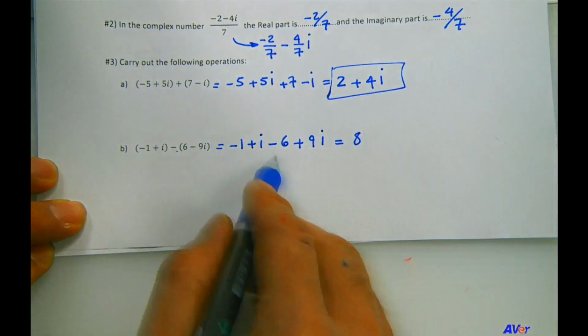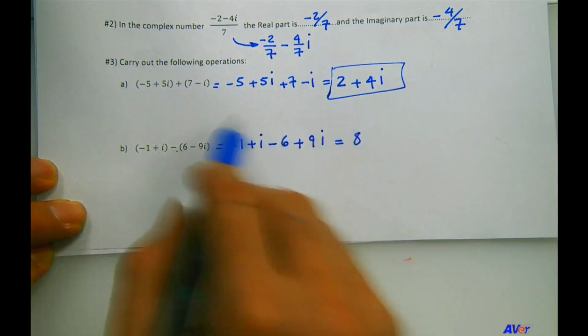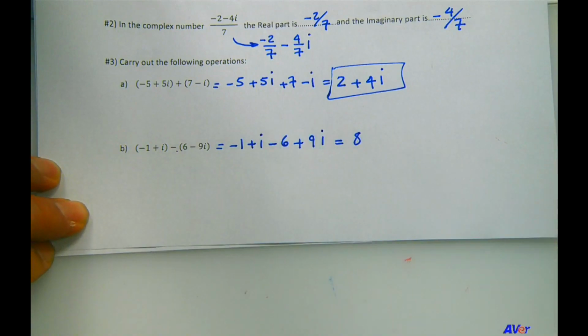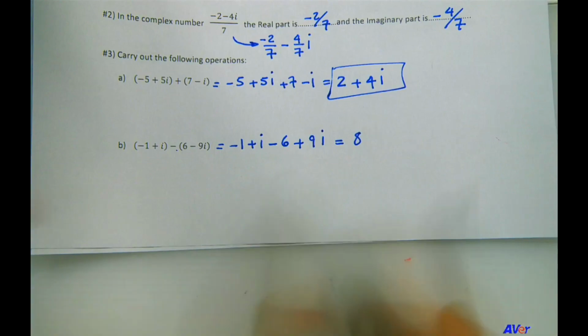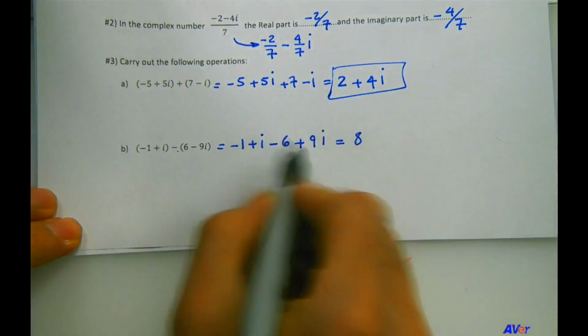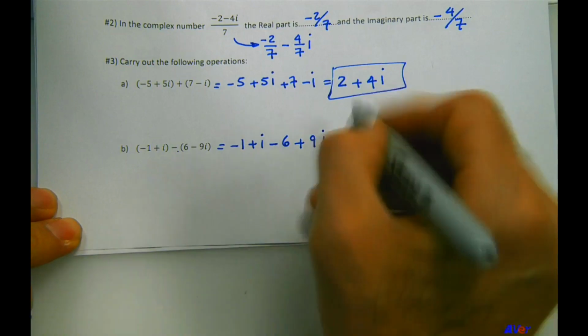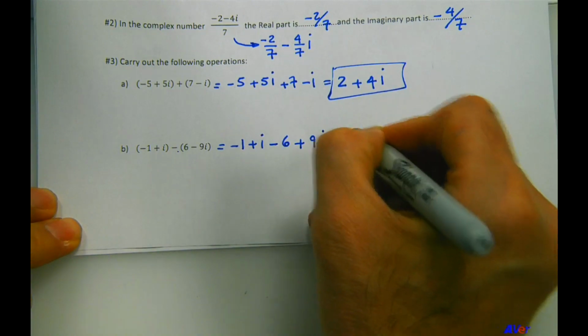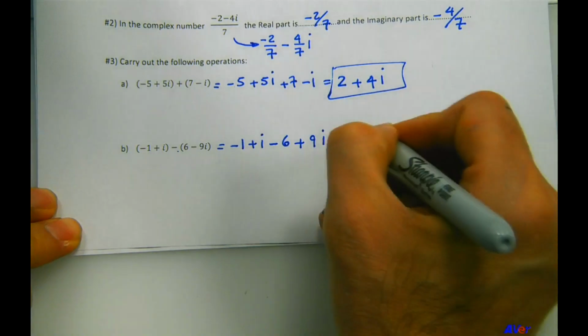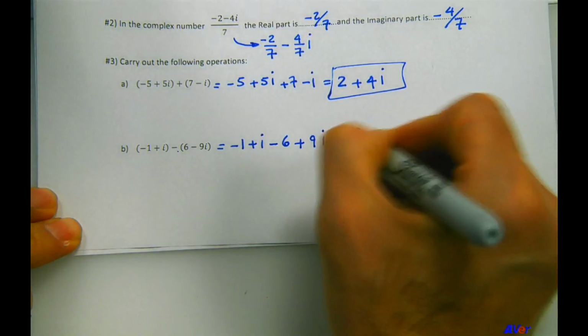No. What did I do? No. I have an error here, guys. Let me correct that error with my thick pen here. That's not the constant, so that's the imaginary part. So minus 1 minus 6, it is minus 7. Sorry about that. My apologies.